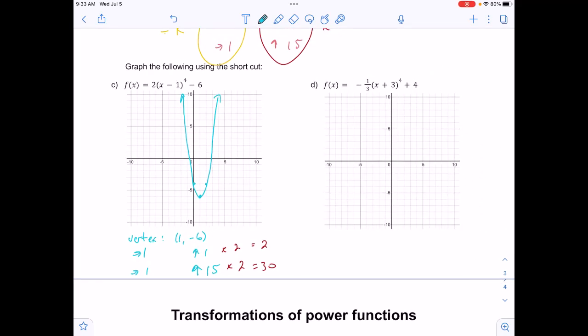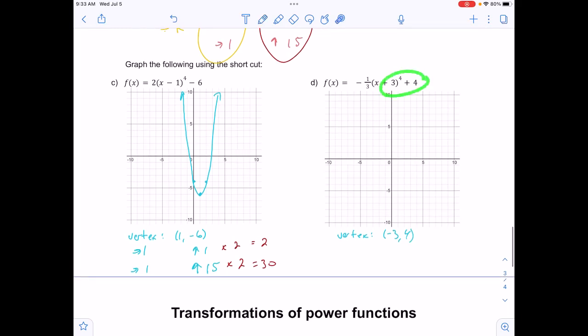Once again, I start at my starting point, my vertex. This time it's going to be located at -3, 4. Again, pulling from these two numbers here, and the opposite of the one in the bracket. That's why it's a -3. I plot that point, -3 up to 4. Perfect. And now I need to be changing my step pattern.